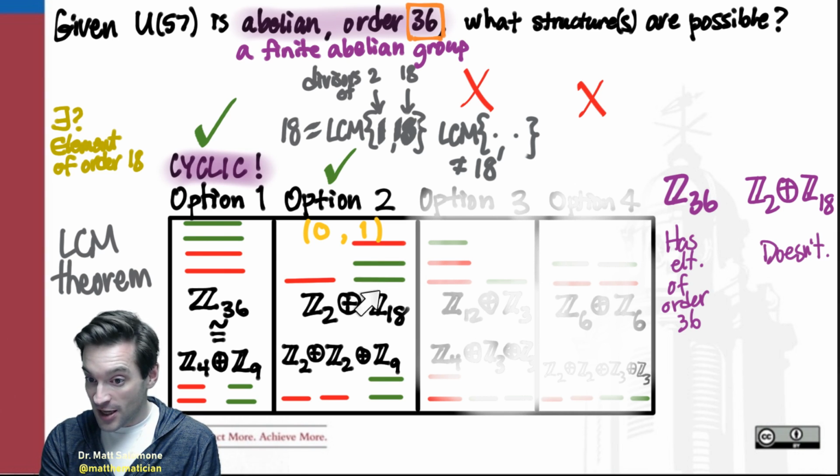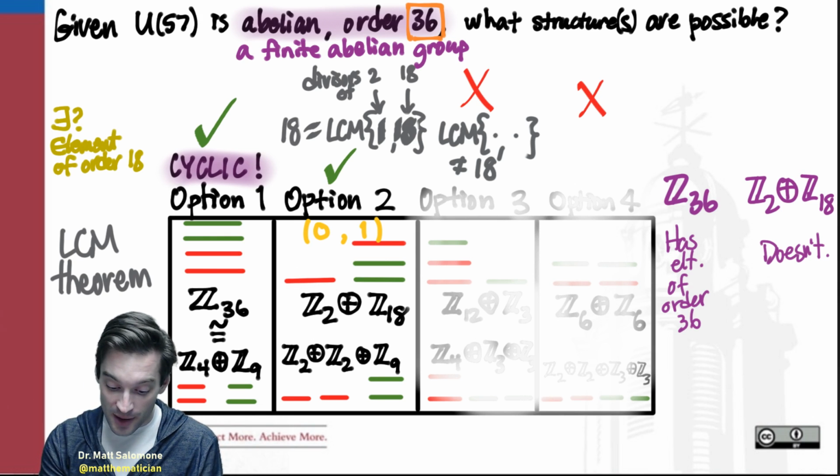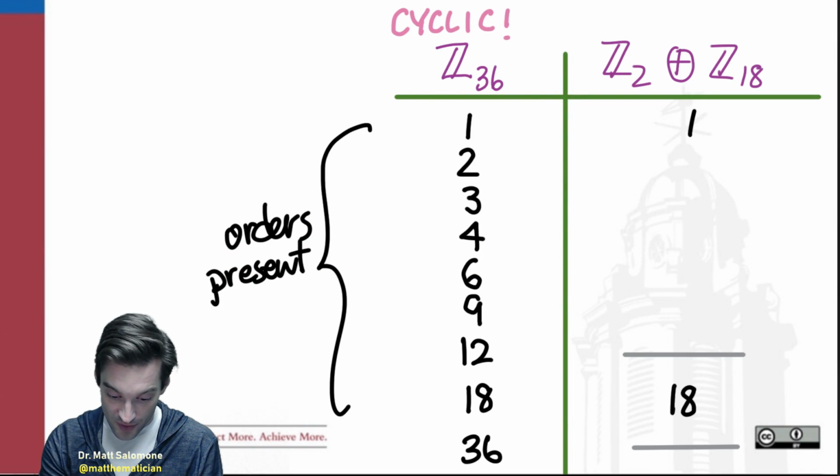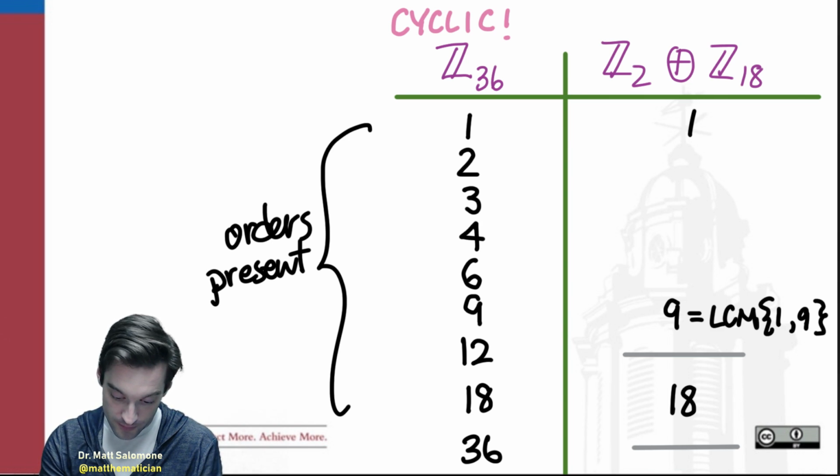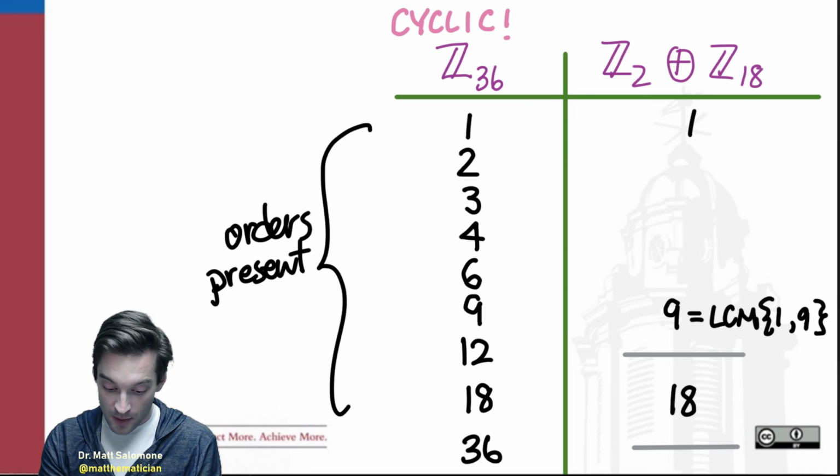And therefore, if I just take that element of order 9 paired with, let's say, the identity element over here, I'm going to get an element whose order is 9 in that direct product. So yes, there will be an element of order 9 arising as the LCM of 1 and 9. Right? Okay, so we do have an element of order 9.